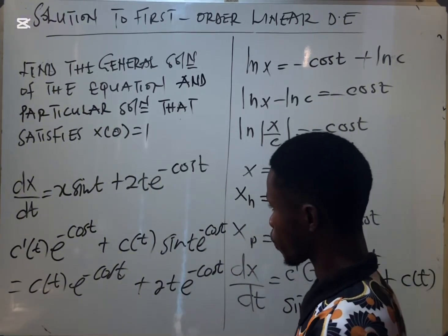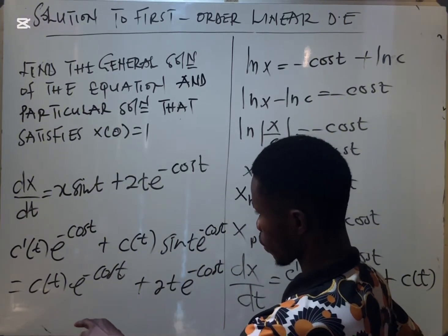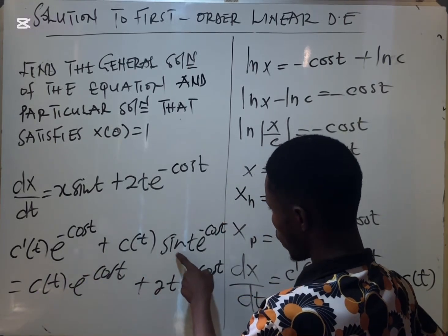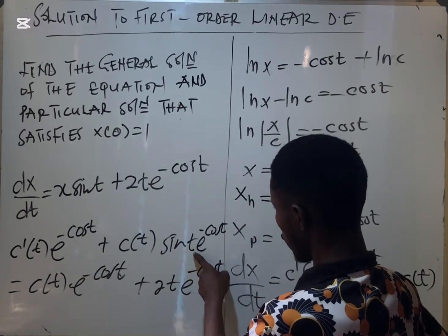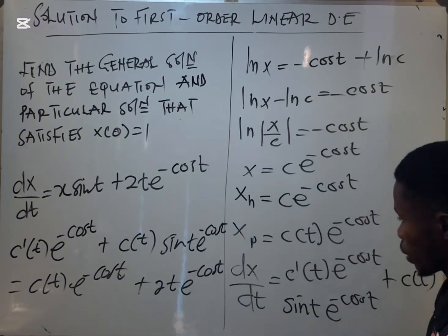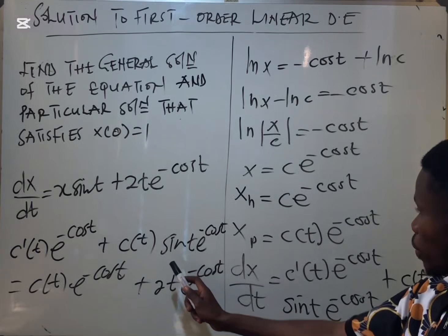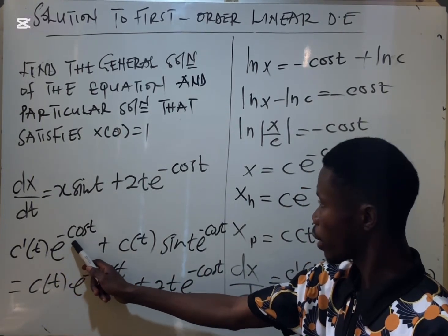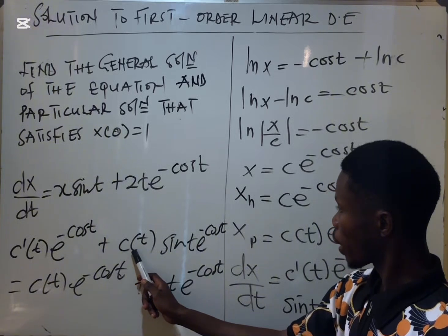So let's see. This is c of t sin t. Have I left something out there? c prime of t e to the power negative cos t plus c of t sin t.